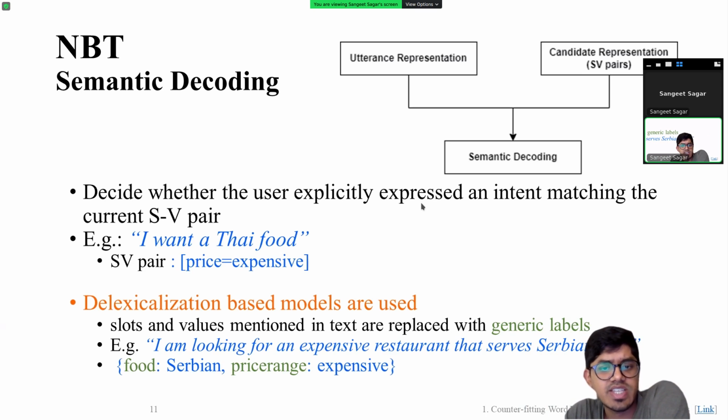In the delexicalization-based model, the slots and values mentioned are replaced with a generic label. For example, if I talk about looking for an expensive restaurant, I'm talking about food, so the generic label will be food, and it involves something about prices, so the generic label will be price range.